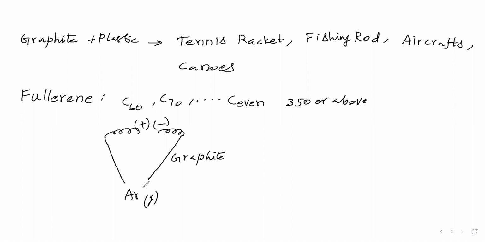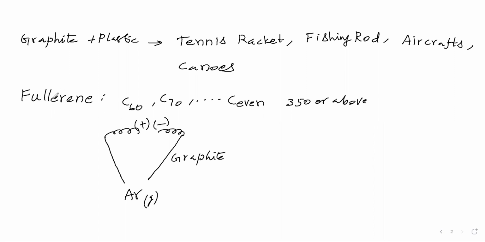That means graphite rods are placed in the atmosphere of argon gas. Then a high potential difference is applied. What will happen is the graphite rods vaporize. The vapors will be condensed, and on condensation they give fullerenes.